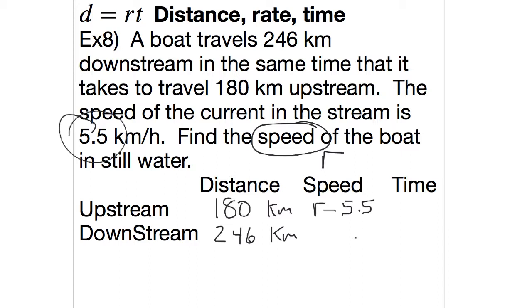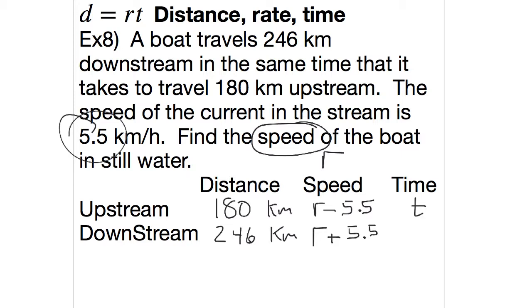Your speed is r minus 5.5 kilometers an hour. It's the speed of the boat in still water and then slowed down by the current because it's trying to go upstream. Then we can do the exact opposite: going downstream it's going to be r plus 5.5 kilometers per hour, assisted. It's going to be going faster than it would be in still water.